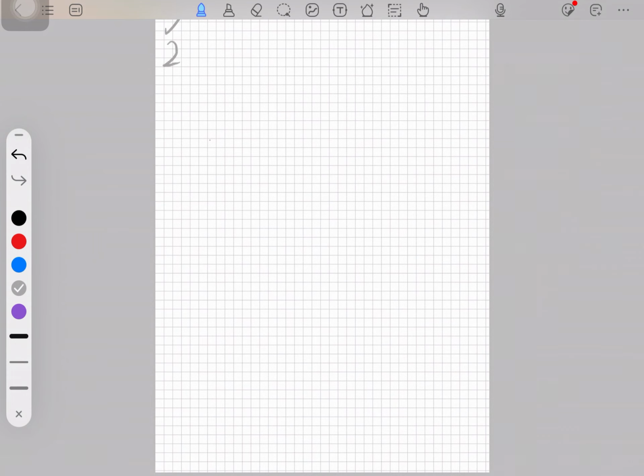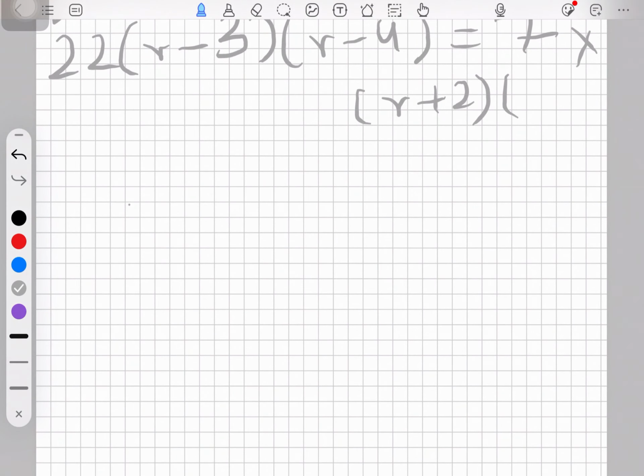So 22 times (r minus 3)(r minus 4) is equal to, all we did was cross multiply, you don't have to worry, 7 times (r plus 2)(r plus 1). Now let's multiply them with each other.